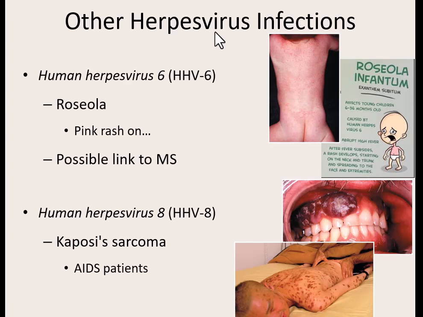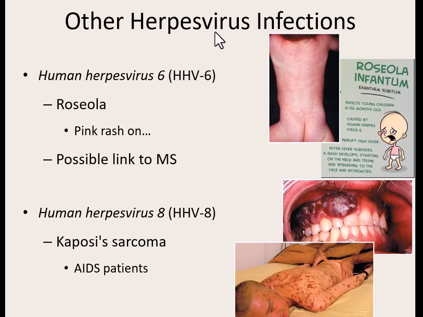The unique part is that it is just a pink rash, and it usually is just right on the torso, right down the middle. The rash usually doesn't go out to their hands and arms and fingers and toes. And it's a pinkish color, not a bright red. It's pink, which is where it gets its name, roseola, like rose colored.